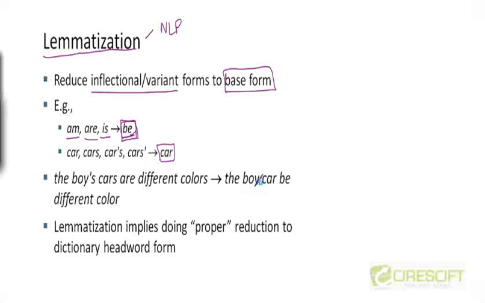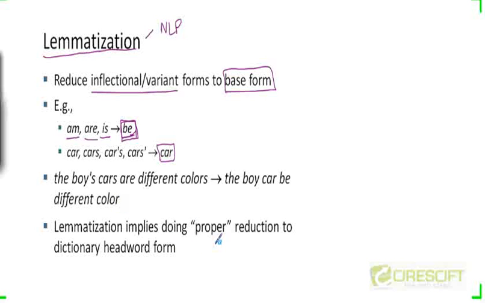So boys has been converted to boy. Cars becomes car. So plurals are converted into singular, for example, because the root form will be in singular. Are gets converted into be. Different remains as it is, and colors is again converted into the singular form.